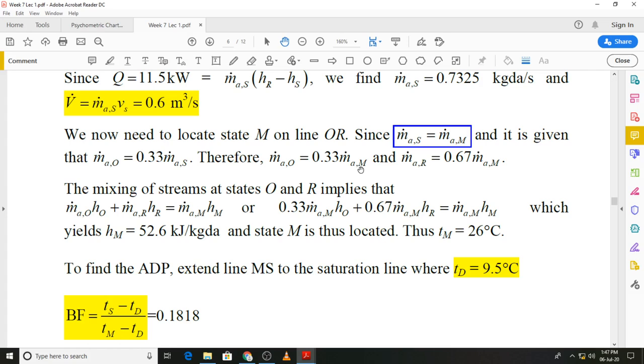Then we can perform an energy balance on the mixing of the two air streams at states O and R, and that we have done.